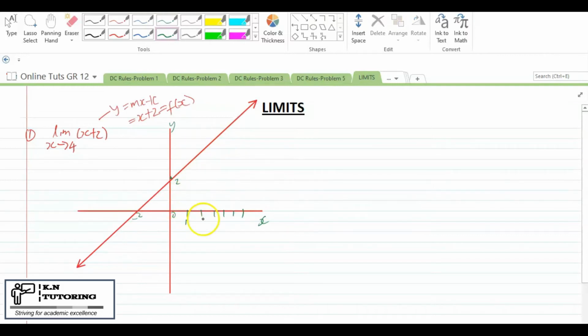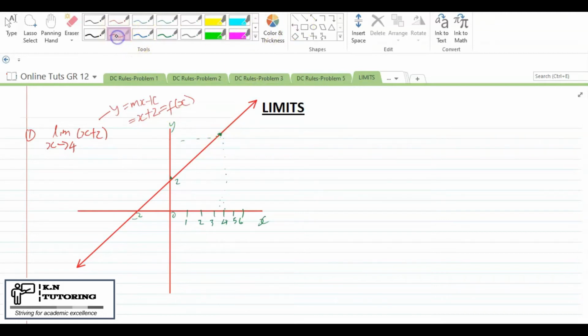We've got 1, 2, 3, 4, 5, and 6. This x approaches 4. If I were to find the corresponding y value here, it will give me a certain y value there. This would be a point at x equals 4.